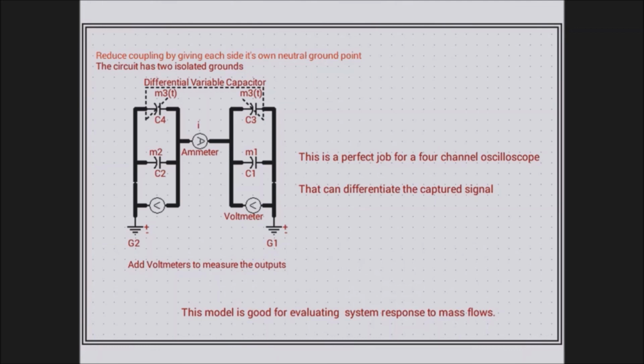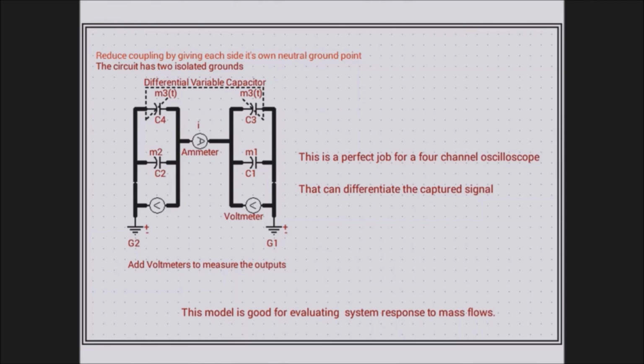So we connect a voltmeter across C1, representing M1, and C3, which is part of the variable mass when it is on this circuit. And this voltmeter will give us the output.